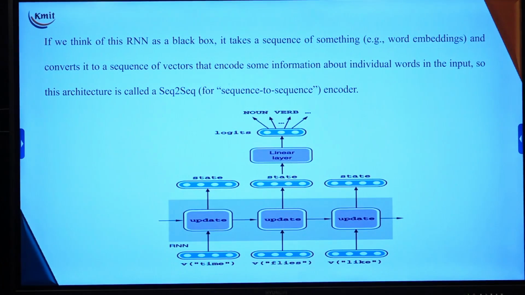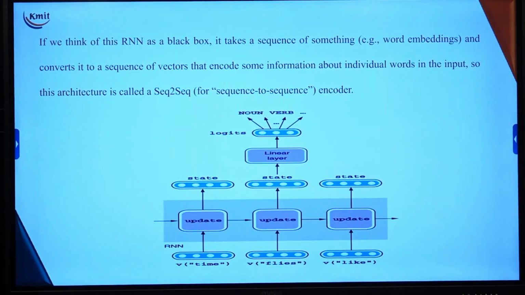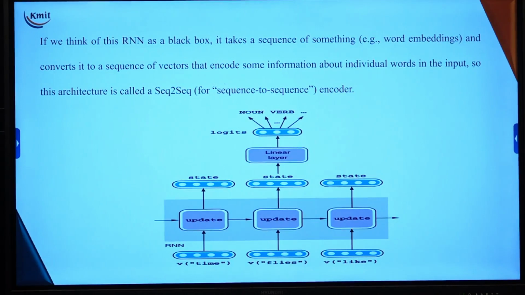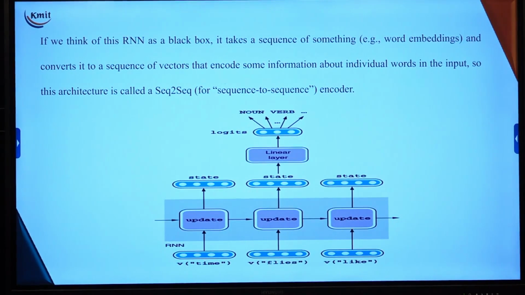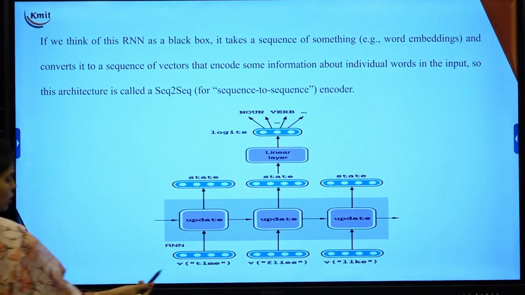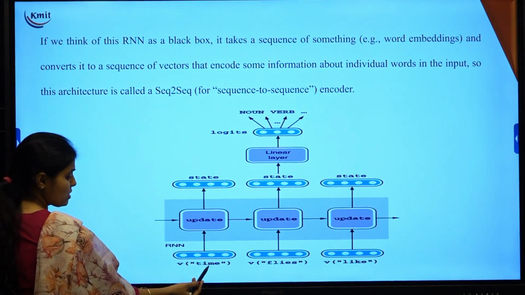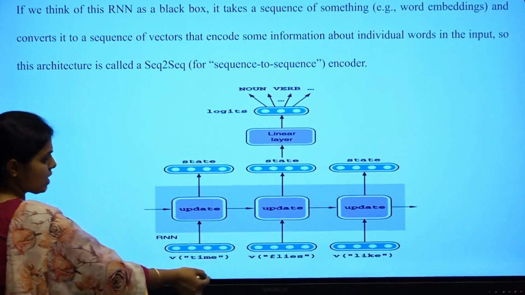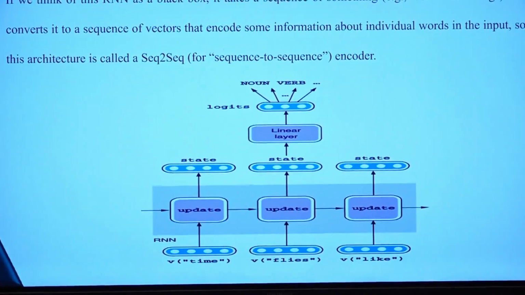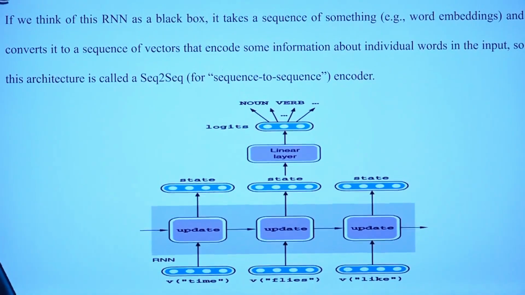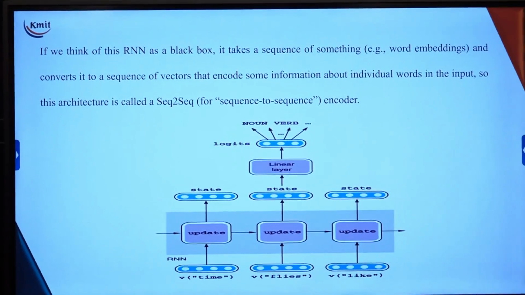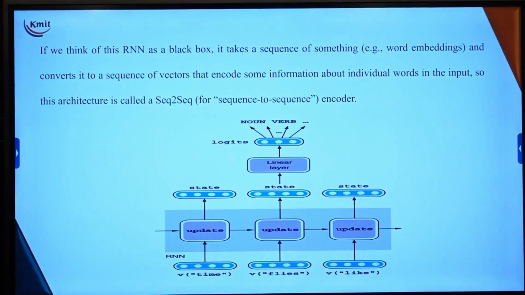Now, if we think of the RNN as a simple black box, it takes a sequence of something, some words or word embeddings in short. As we can see, the vector representation of "time flies like", you can extend the sentence and take it. This converts the words into a sequence of vectors that encode some information about individual words.